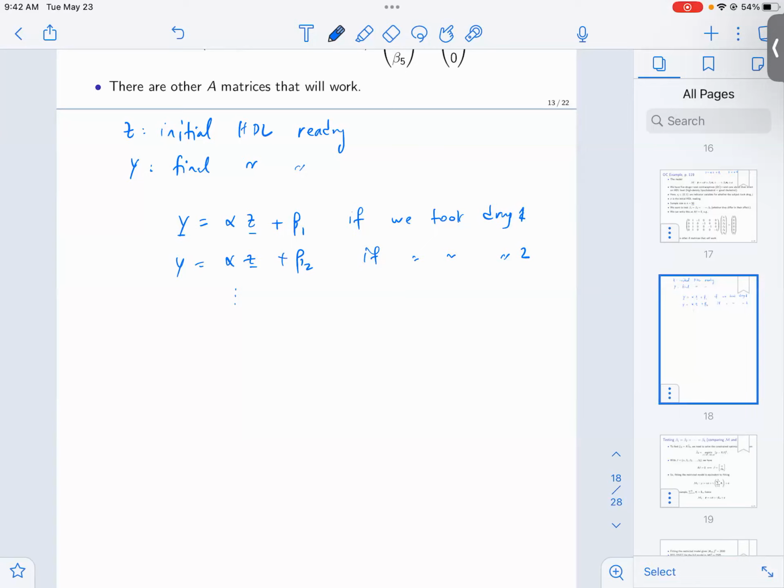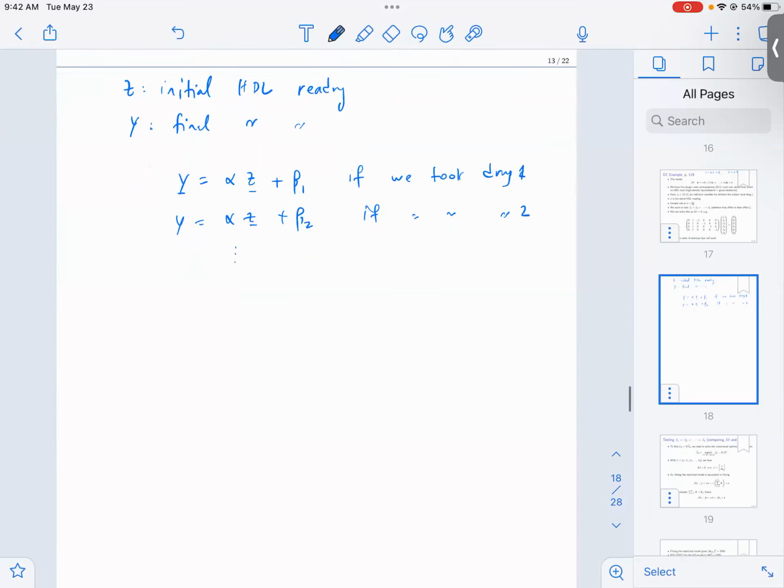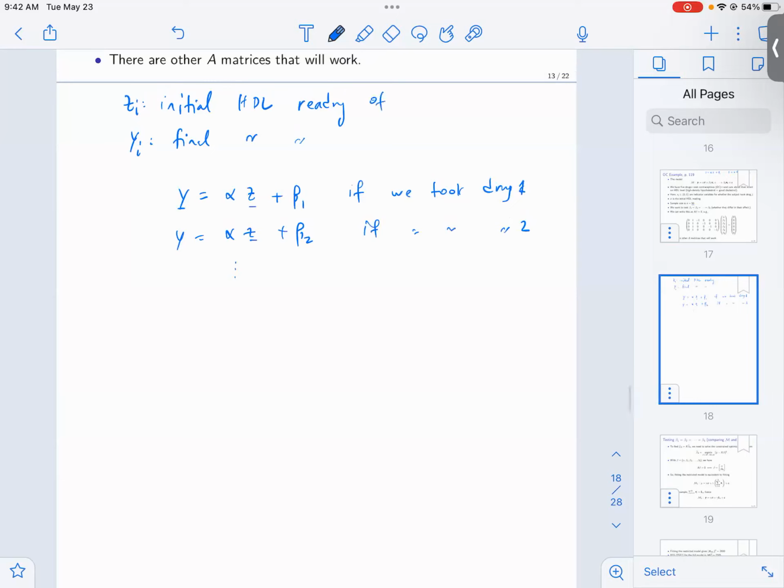The idea is that there are these 2 variables, and then there's a categorical variable, which is what drug that particular person took. That's one of the 5. So I have this information. This would be Zi, the initial HDL reading of the ith person.